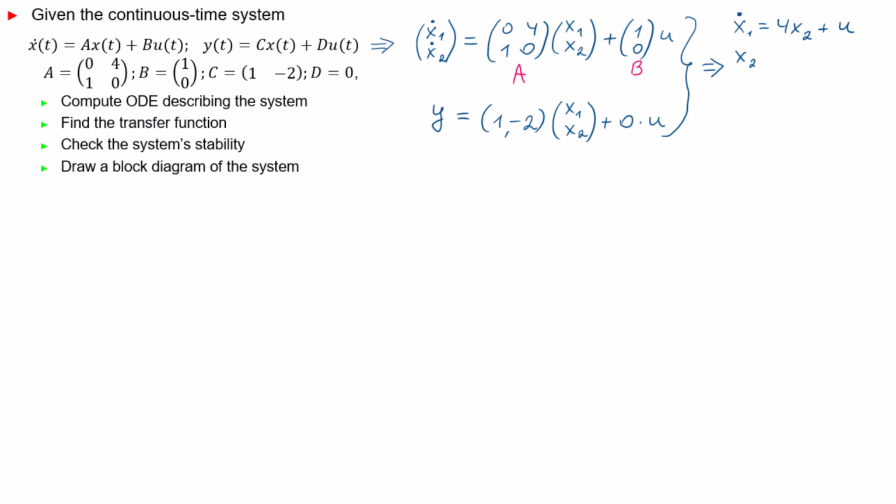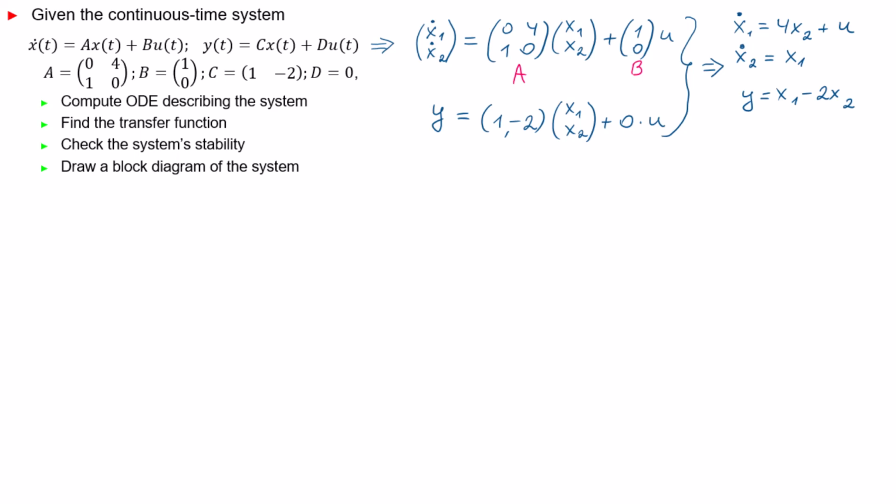Similarly, for the second equation, x2 dot is equal to 1 times x1 plus 0 times x2 and plus 0 times u. To compute y, we multiply the vector C by vector x and get 1 times x1 minus 2 times x2.